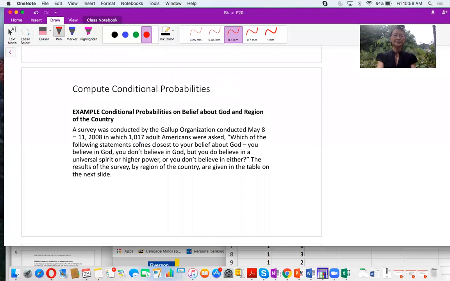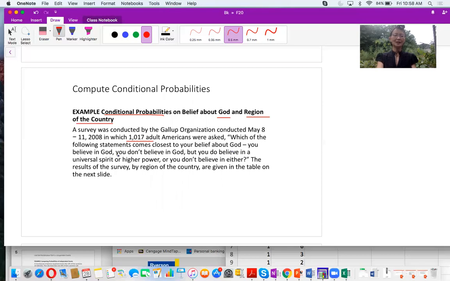So, an example: conditional probabilities on belief about God and region of the country. A survey was conducted by the Gallup organization, May 8 to 11, 2008, in which 1,017 adult Americans were asked which of the following statements comes closest to your belief about God?